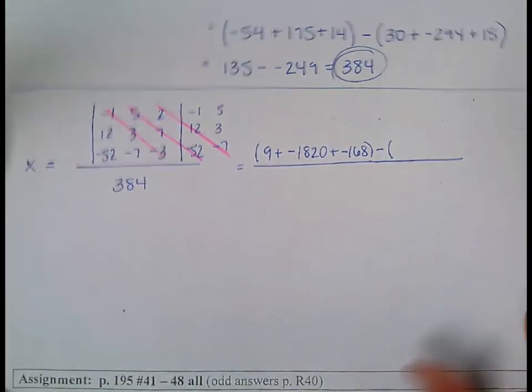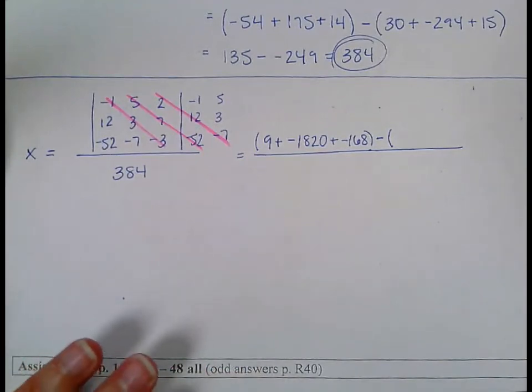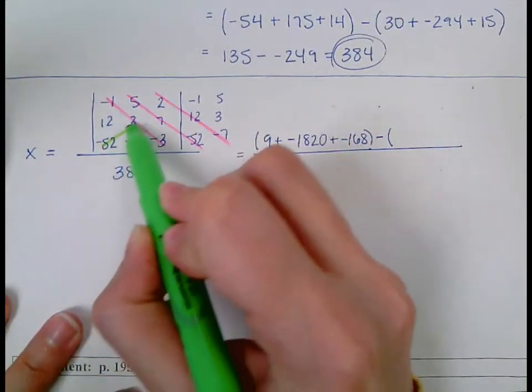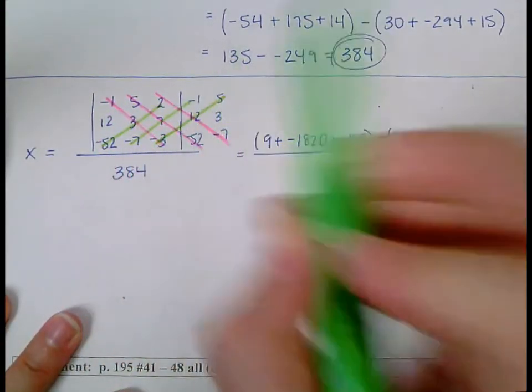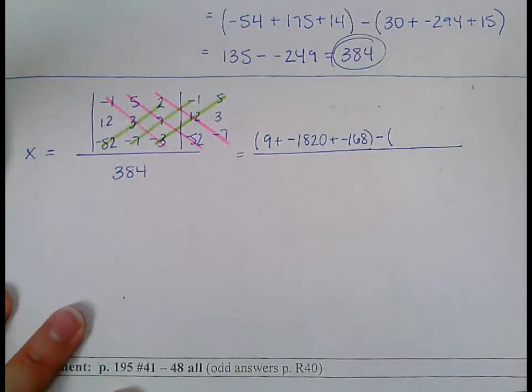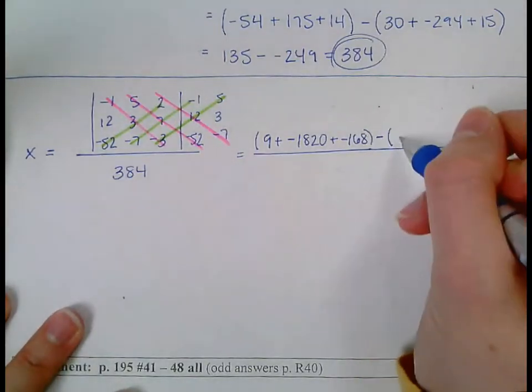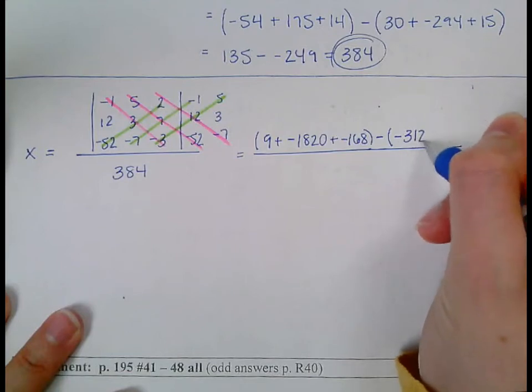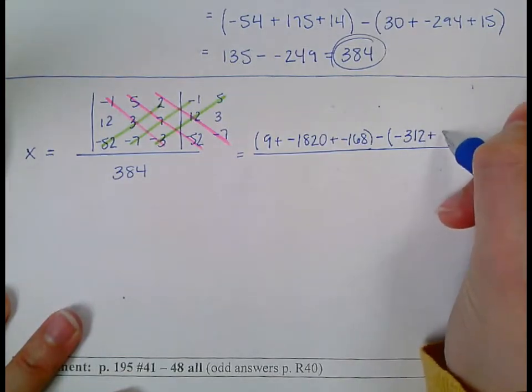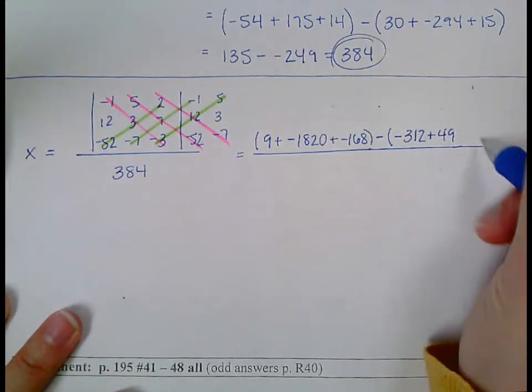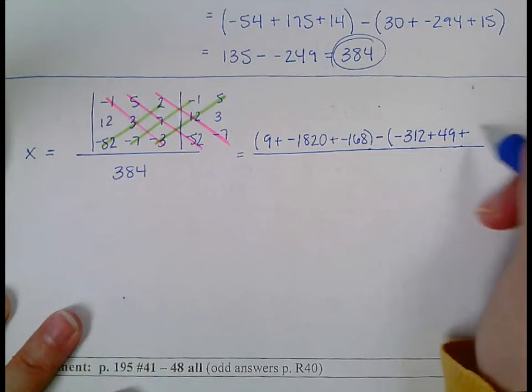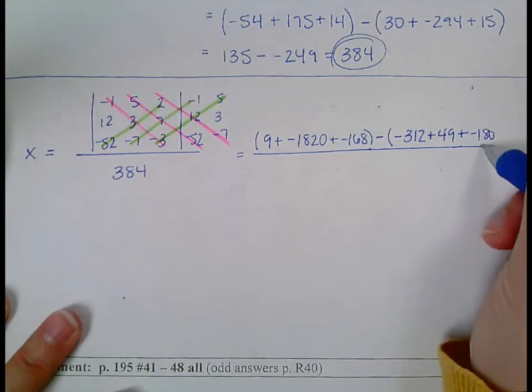And then I have to subtract the sum of my last three products. The first one is negative 312. The second one is positive 49. The third one's negative 180.